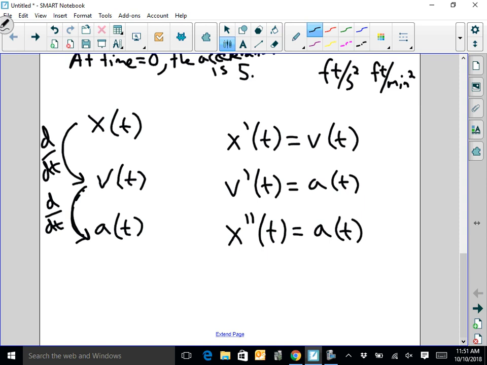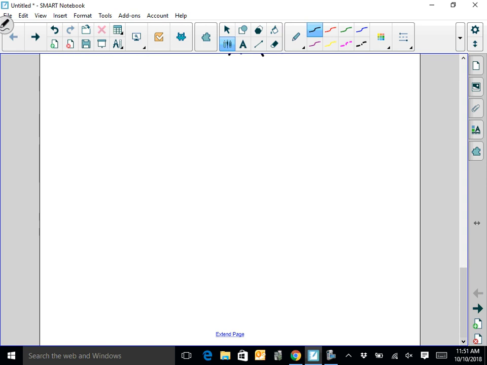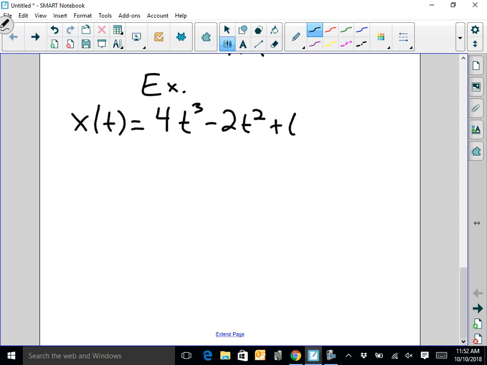One quick example. Let's say a position time graph is x of t equals 4t cubed minus 2t squared plus 6t minus 7. By the way, when you write the letter t, make sure you make it different than the plus sign. Okay? Important there.